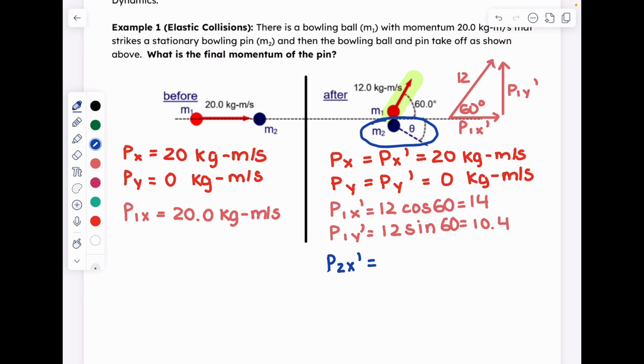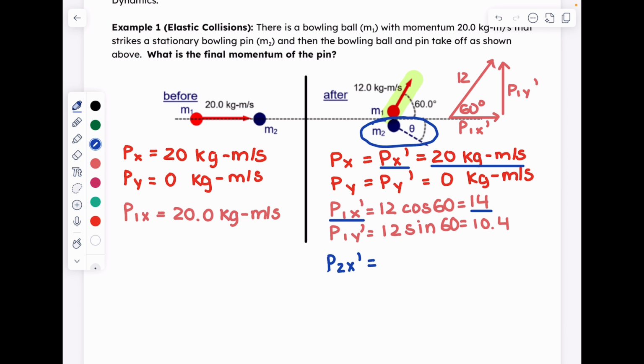Well, I know that I have to have a total in the x direction of 20. So that is my momentum after the fact in the x direction, my total momentum. And I also know another component, my piece of that, which is 14. All in all, we're just trying to find what adds up to 20 from 14.